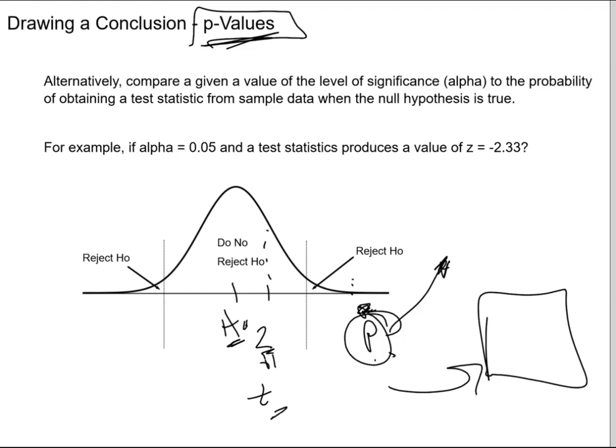It's a useful way to think about that number as a first pass, but a better explanation, and I'm putting better in quotes because it is a mouthful, is that the p-value is the probability of observing that z or t statistic from the data, conditional on the null hypothesis being true.